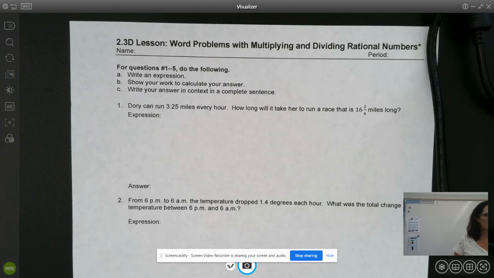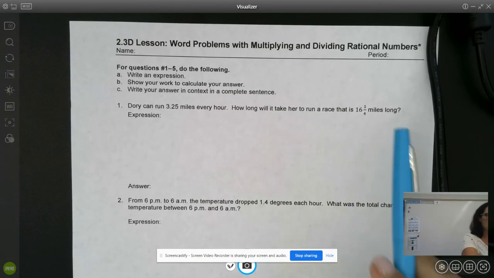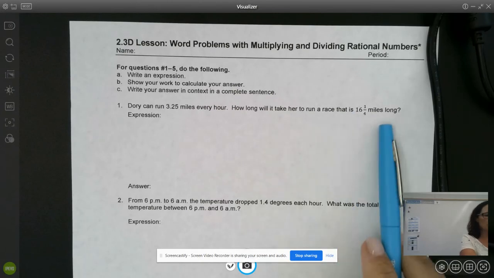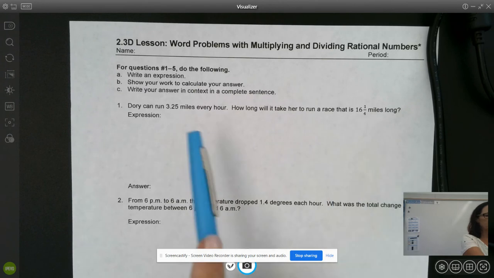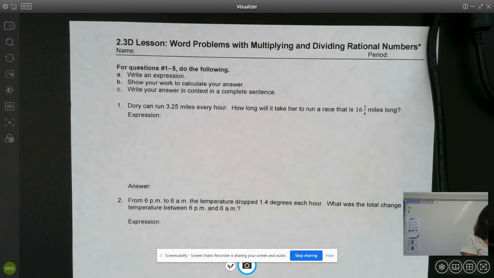Dory can run 3.25 miles every hour. How long will it take her to run a race that is 16.25 miles long? I hope that you've got a division kind of feel about this problem, and we're going to take the 16.25 total miles long and divide it by 3.25.